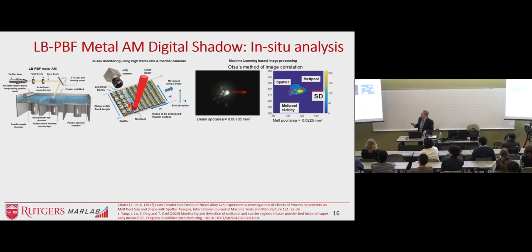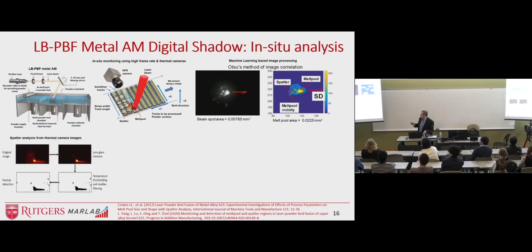If you were to monitor the melt pool, and this is just the high frame rate grayscale image, we can use digital image correlation to separate regions by essentially converting the grayscale intensities to color codes. We can identify the melt pool shape, spatter, and the vicinity of the melt pool. And then we can quantify the melt pool area.